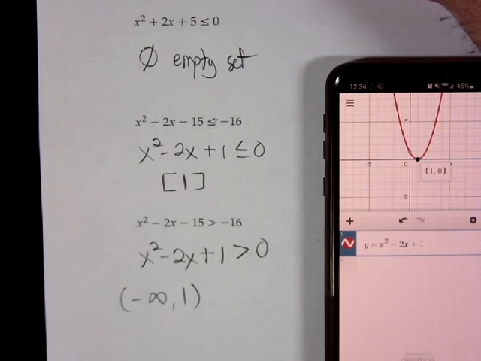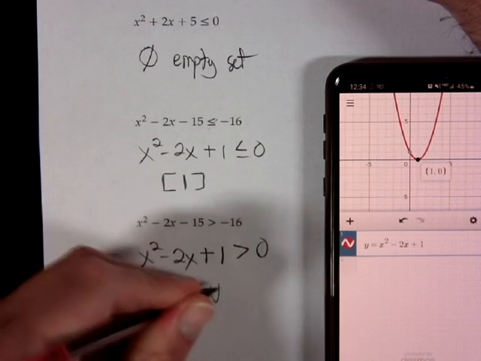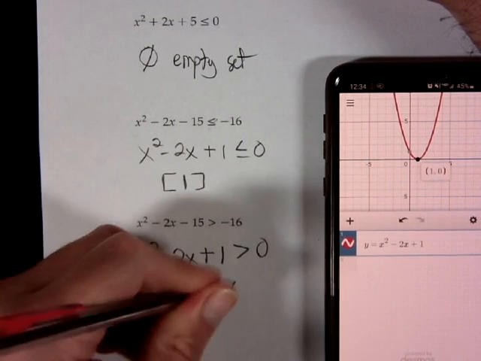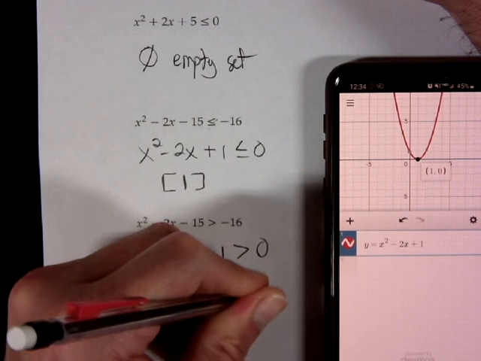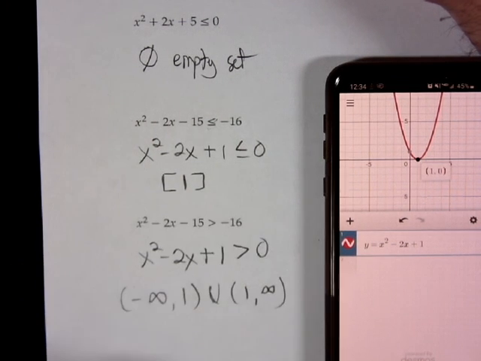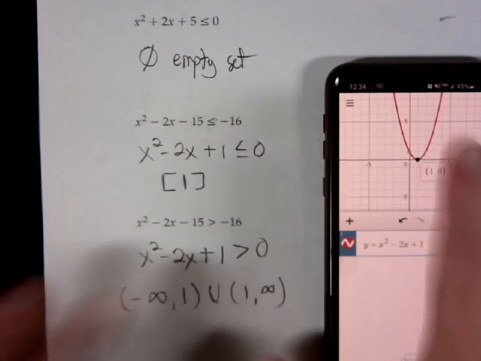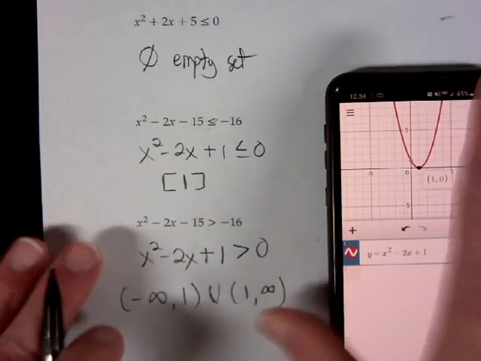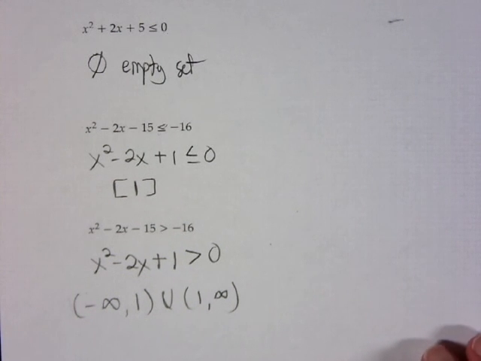Let's get a parentheses. We're going to union that with everything from 1 to positive infinity. All right? And so there you go. So like I say, easiest way, graph it, and then you will be able to come up with your solution to the polynomial inequality.